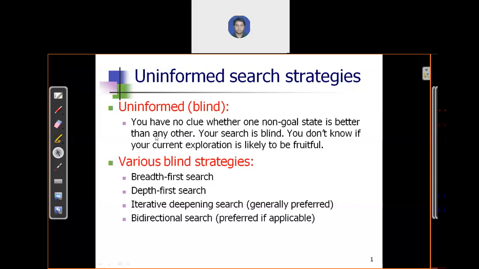we have discussed first BFS, breadth first search technique. Then we saw the depth first search technique. In the breadth first search technique, we explore the elements one by one, meaning we explore the adjacent nodes of the current state.